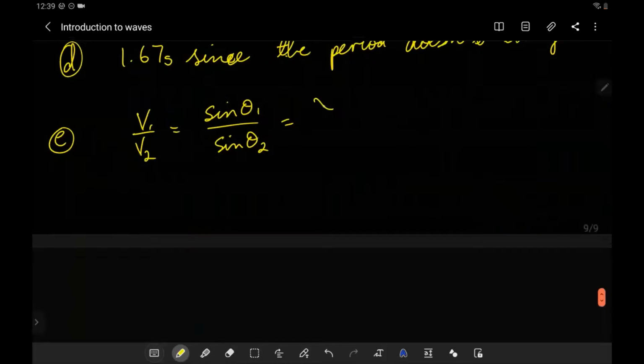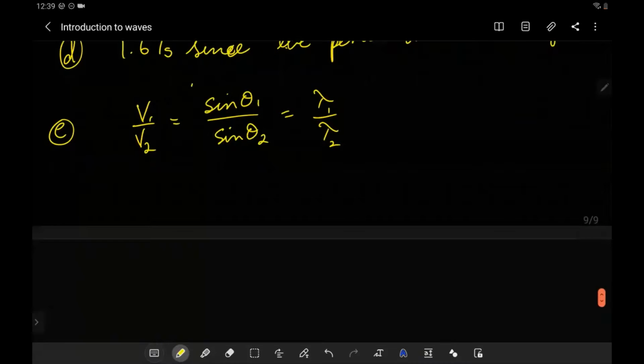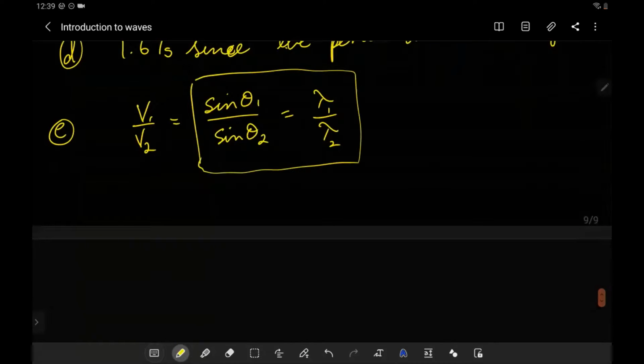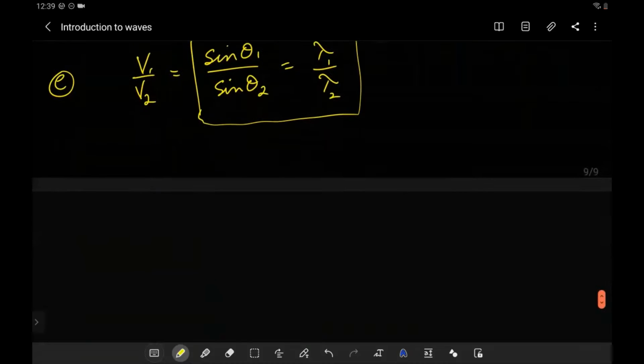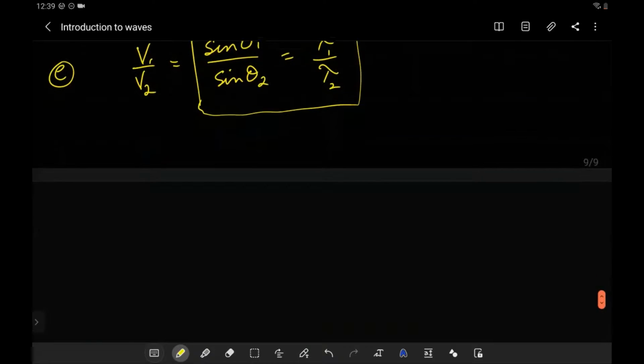And that is also equal, I think, to lambda 1 over lambda 2. Now we didn't calculate the speed of the wave, so I would use this equation here. And what I want is theta 2, because I want to know that angle. So how would I work that out?